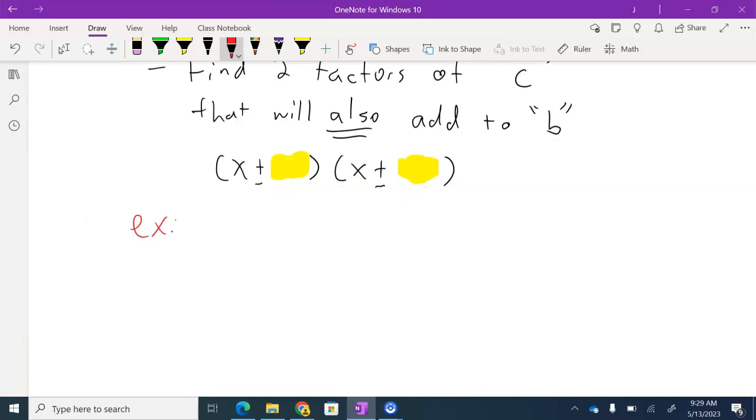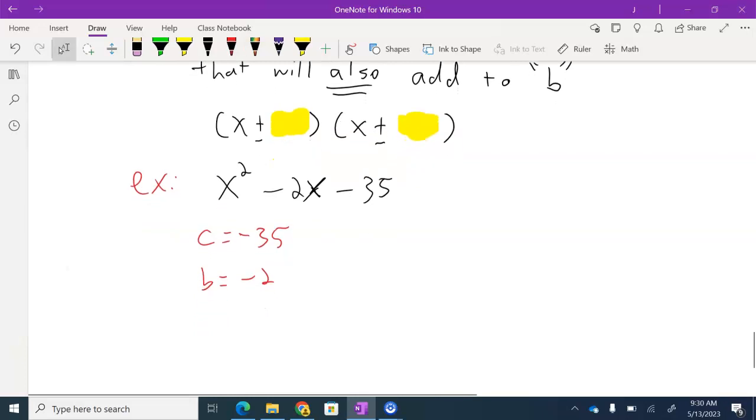So if I have something that looks like x squared minus 2x minus 35. Okay, the way I like to structure it is I like to say my c value is that last number, which is negative 35, and my b value is the middle number, which is negative 2.